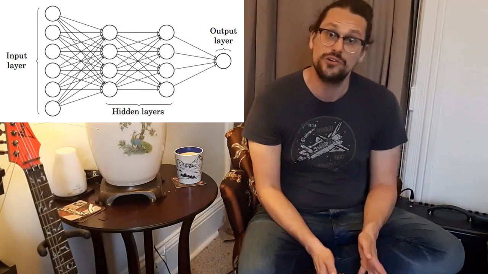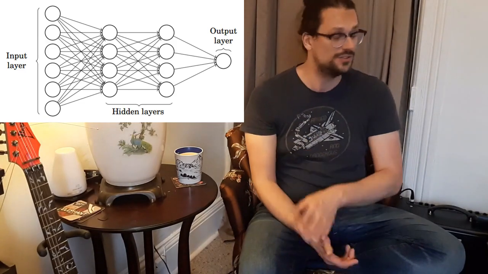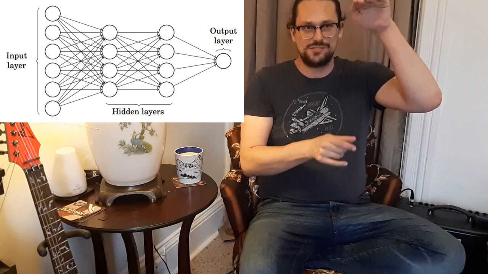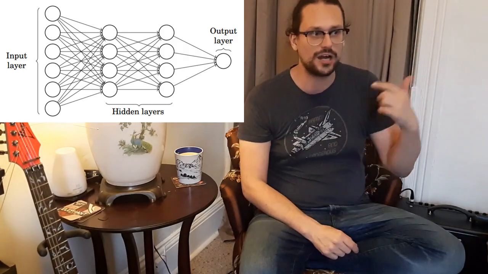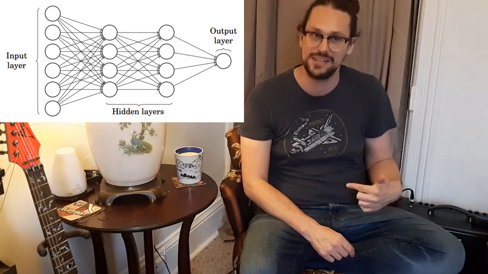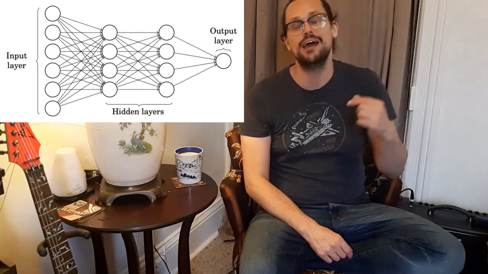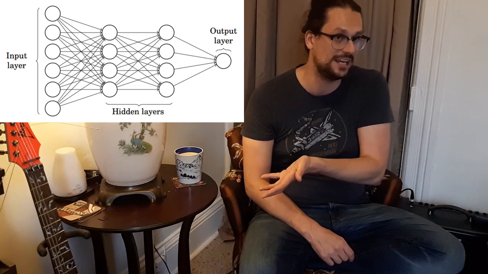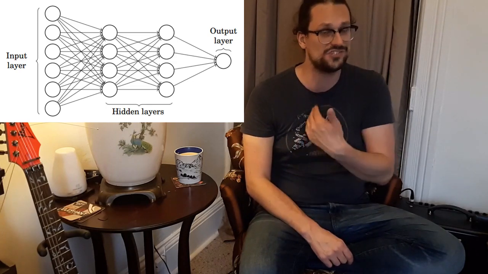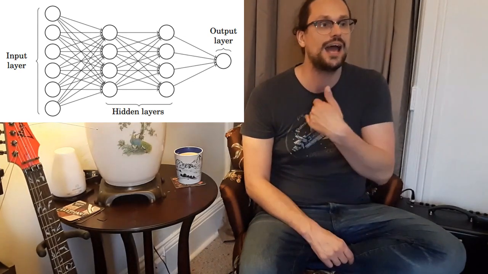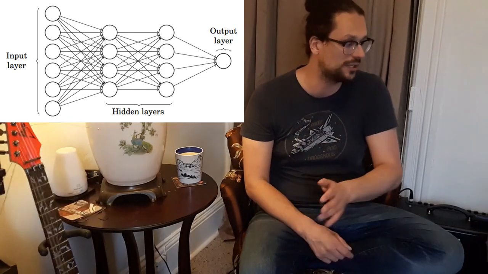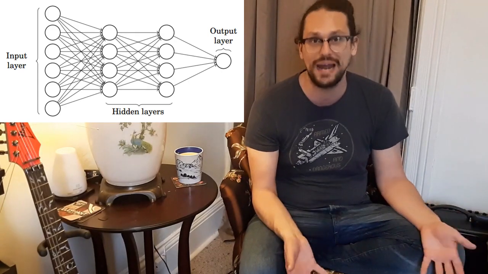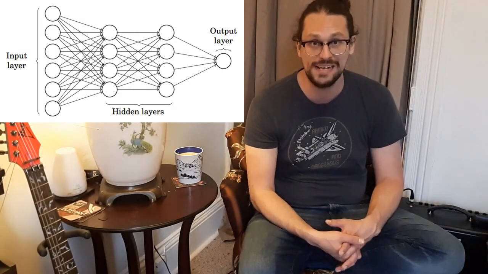Now, it's important to notice, again, in this diagram, that in each layer, none of the units in the input layer, for example, are connected to any of the other units in the input layer. But every unit in the input layer is connected to every unit in the first hidden layer. Likewise with the first hidden layer to the second hidden layer, and the second hidden layer to the output layer. So for this reason, we say that these neural networks are parallel processors, like brains are.